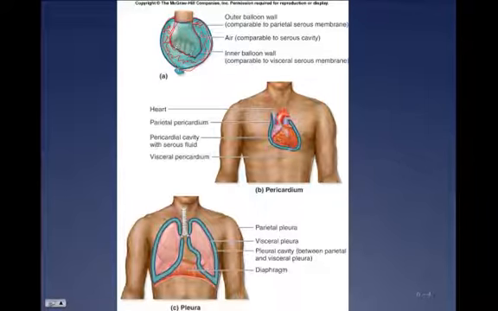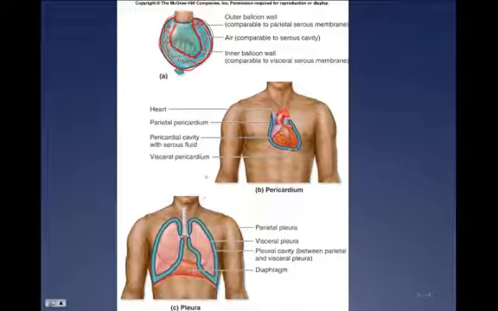So this layer that directly lines the organ, and if your fist was the heart here, this would be the visceral pericardial layer, or visceral pericardium. And then where it folds back on itself, this outer layer is called the parietal pericardium. So this layer right here is going to be called the parietal pericardium.